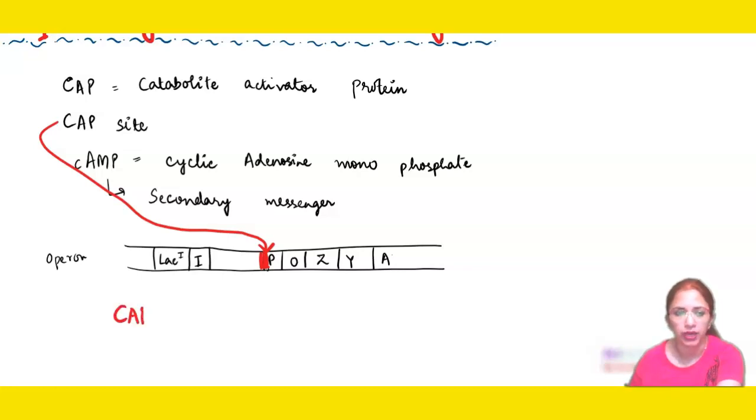CAP. But CAP will not bind alone. It requires cyclic AMP as well. That means whenever catabolite activator protein aggregates with cyclic AMP, this complex structure will bind to the CAP site, and then transcription and translation will happen.